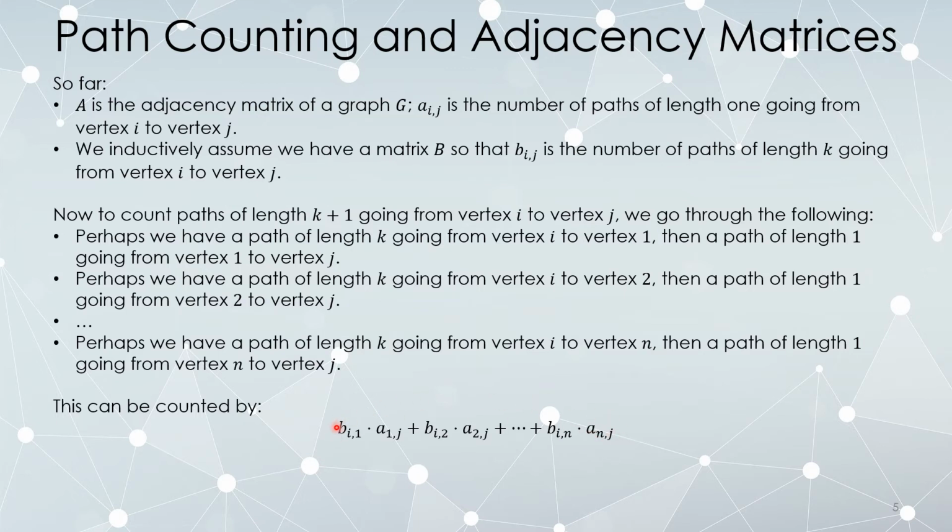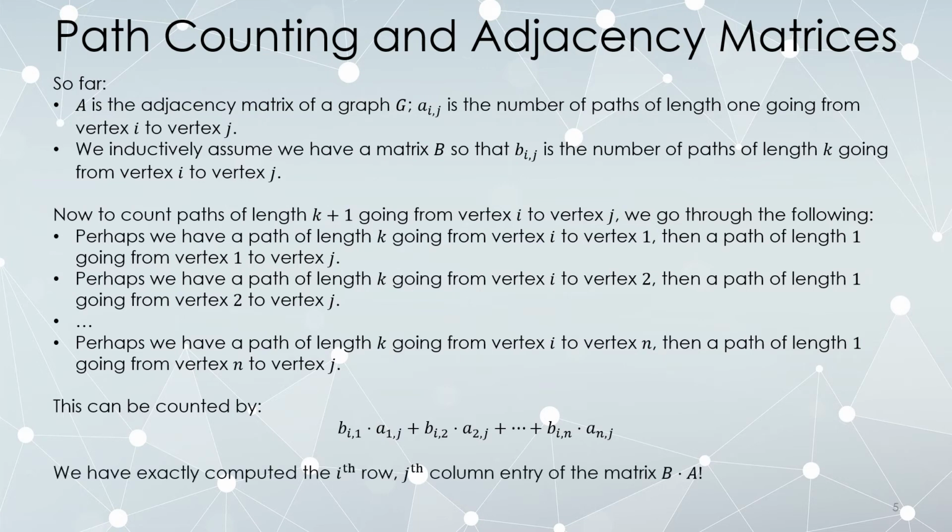And if I add all these up, I will have counted all the ways to take k plus 1 steps to get from i to j by breaking it up as a two-step procedure: i to an intermediate step in k steps, and then that intermediate place to j in 1. The matrix B was counting k length paths. The matrix A counts 1 length paths.